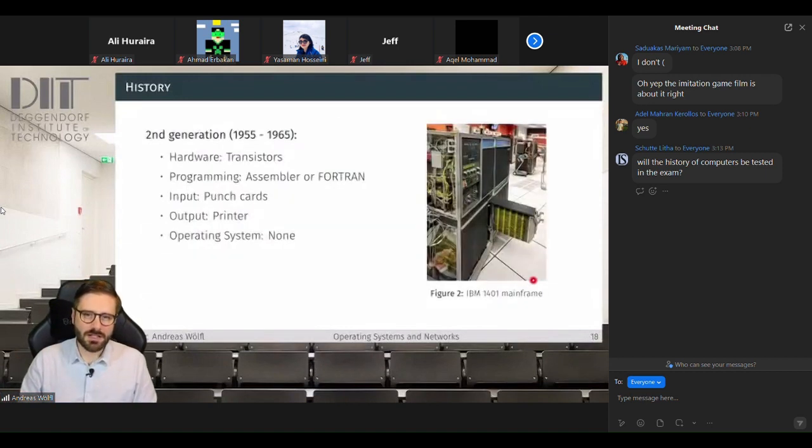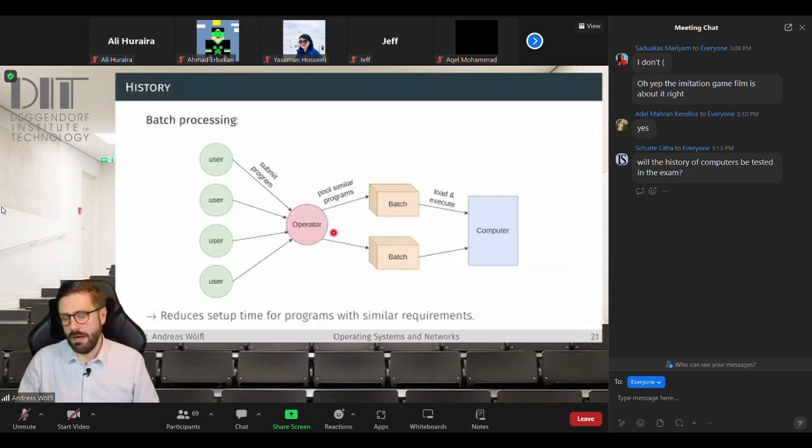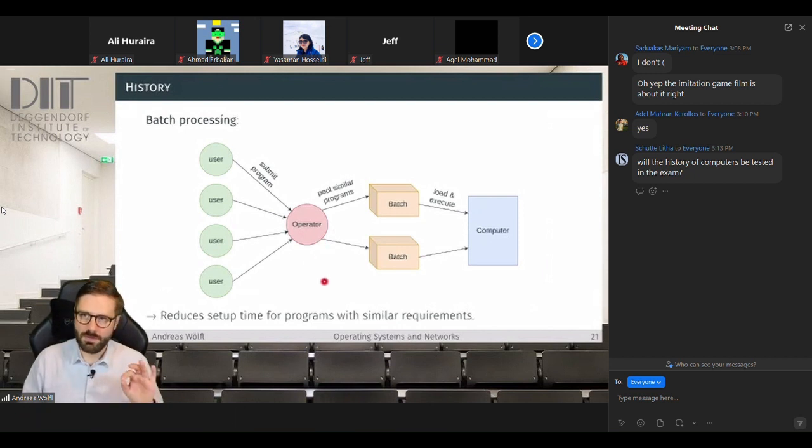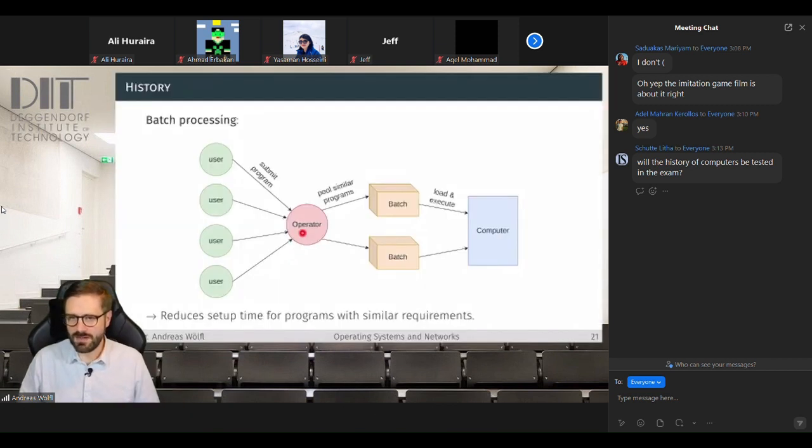And as there is no operating system, the operation of a computer is done by a human. And what you see here is the method of batch processing. So in this second generation, we had no operating system, and operating the machine was done by a human.